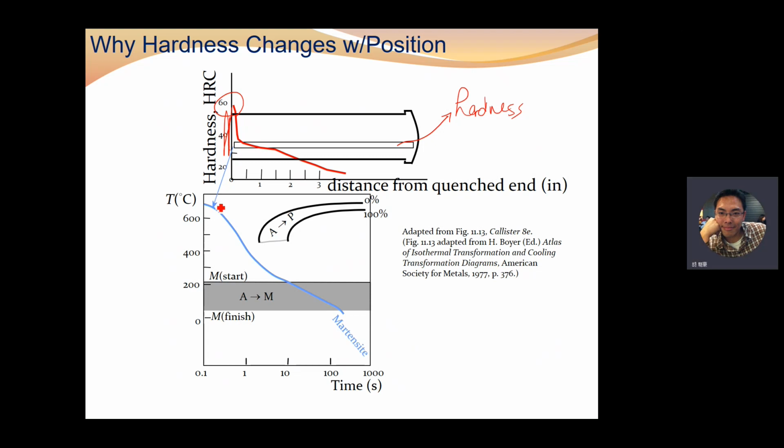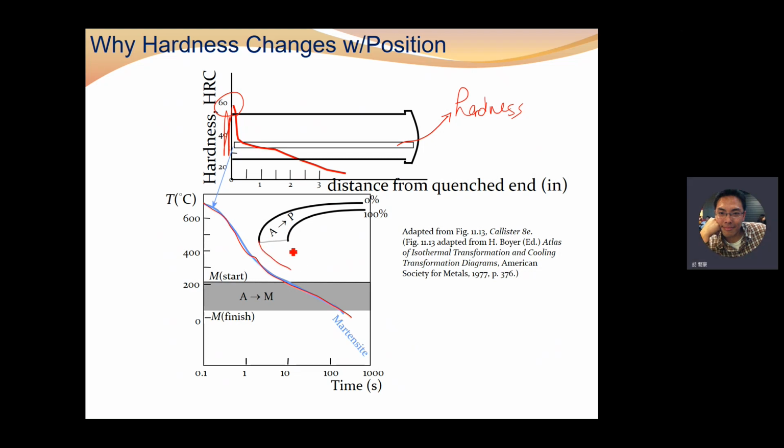This is the cooling curve for this test, at the surface of the Jominy quench test. You can see this curve didn't touch the nose curve of the TTT diagram. The nose curve is right here.